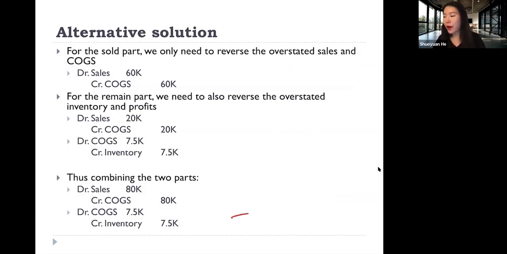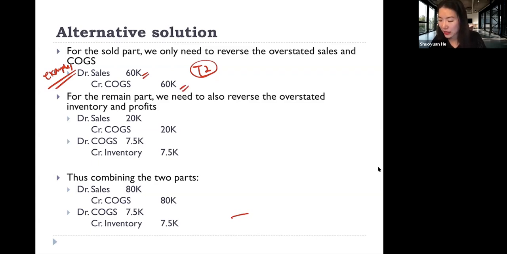So for the sold part, if you remember what we did in example 1, we only have one consolidation entry, TI. We just need to reverse all of the overstated sales and cost of goods sold, which are 60,000.